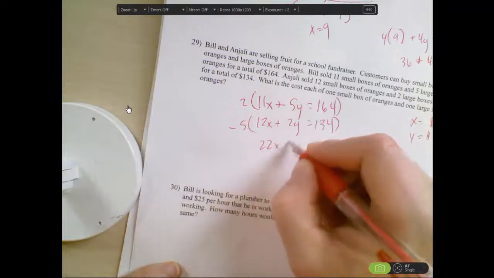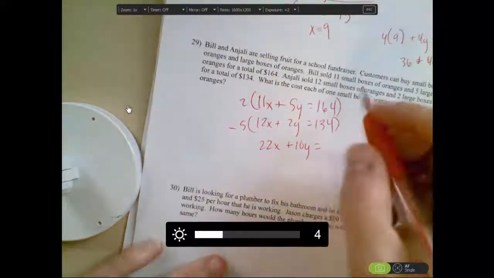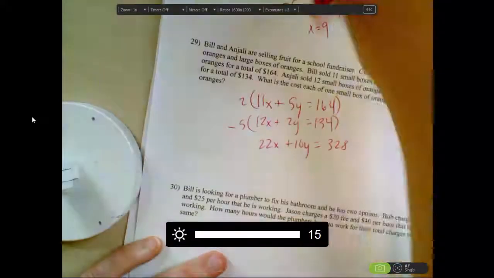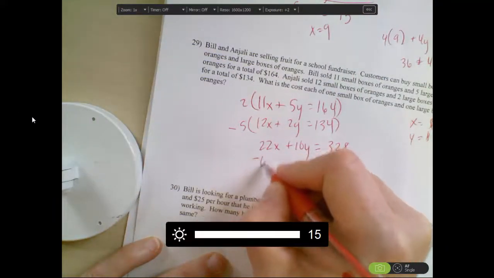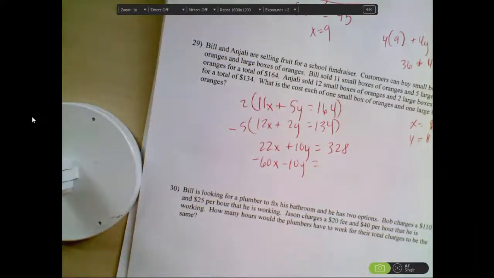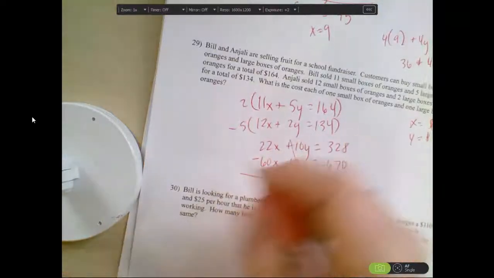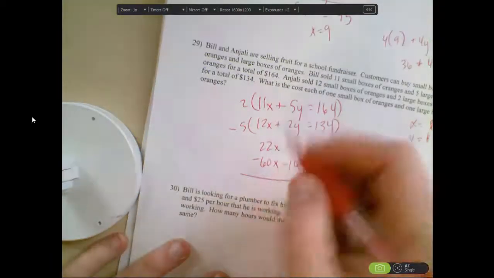So 22x plus 10y equals 328. Negative 60x minus 10y equals negative 670. The y's go away. 60 minus 22 is 38x.